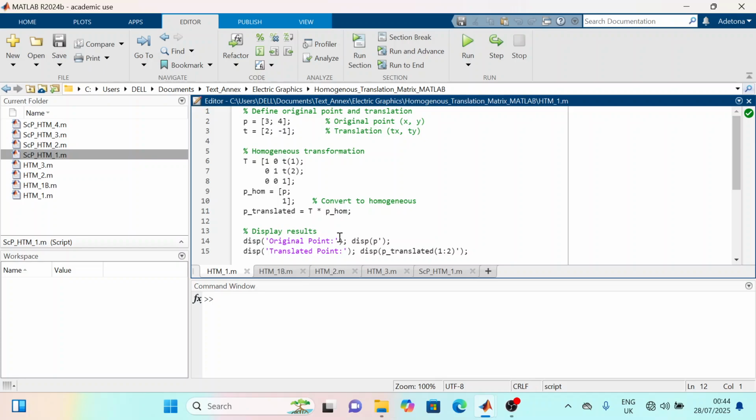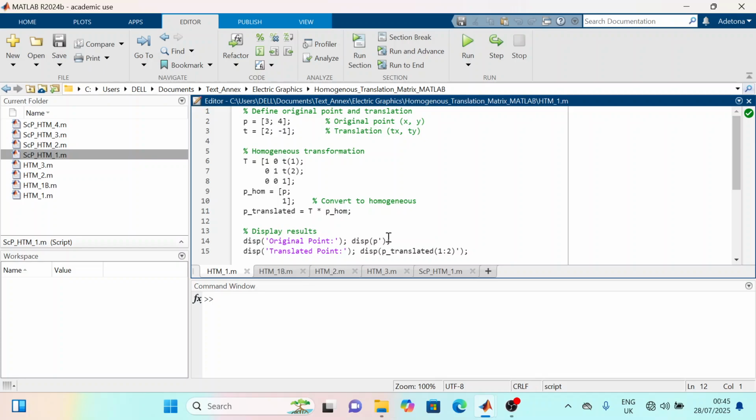And this is the result, the original position that we are displaying using this command. For us to know what we are displaying, what we are writing here is going to appear like this: original point colon. Then the content of my P is now going to be displayed using display P, but we use prime so as to be able to read the display in row, not in column.